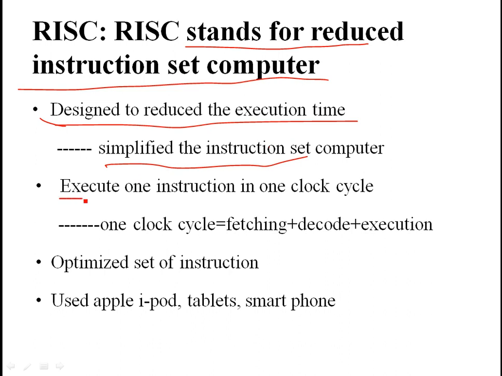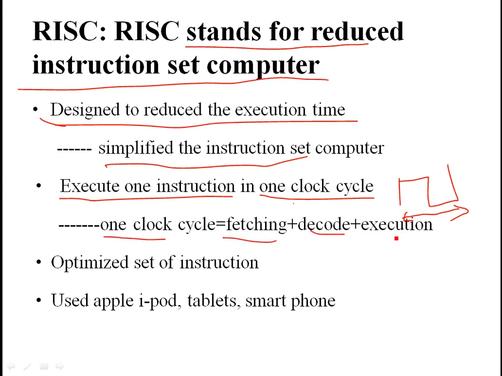In RISC, one instruction executes in one clock cycle. So if you want to execute one instruction, it only requires one clock cycle. We already discussed what a clock cycle is. As we know, fetching, decoding and execution, all three steps are performed in this one clock cycle.